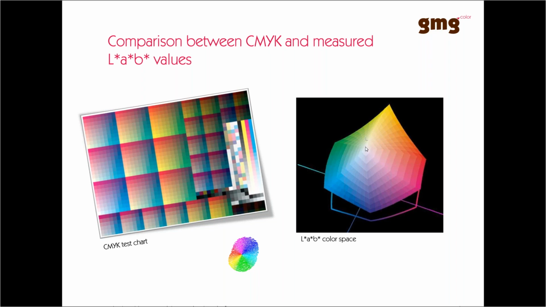And when you now mix the cyan and the magenta, you end up here with the blue. As you can also see here in the test chart, 100% of cyan plus 100% of magenta, and you end up on this blue color here. So that one is your gradient.